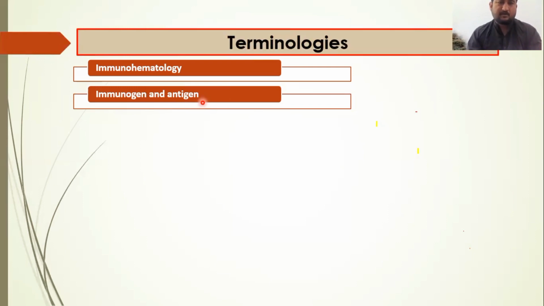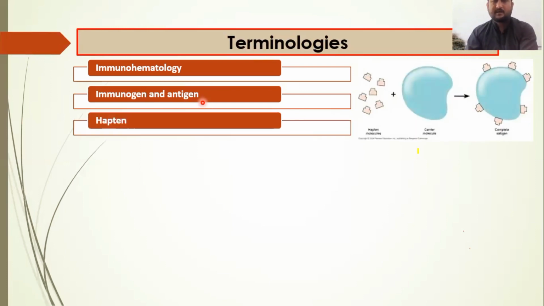And Rh antigens are proteins in nature, while hepatitis B surface antigens are made up of lipoprotein. So antigens may be glycolipids, proteins, or lipoproteins. As for example, ABH antigens are glycolipids, Rh antigens are proteins, and lipoproteins in case of hepatitis B surface antigen.